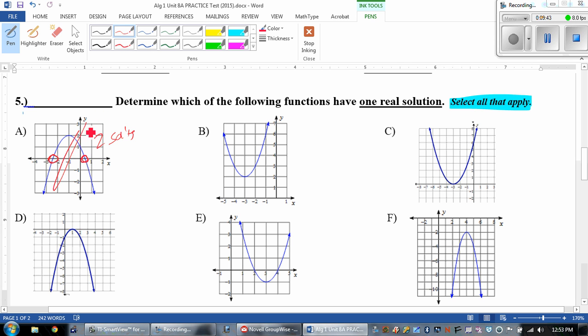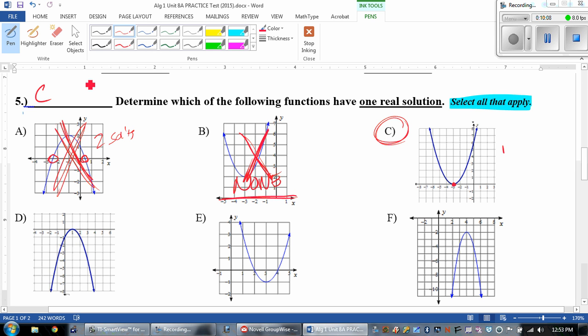I don't want that one. B, does it ever cross right here? No, so this is no solution. And C, oh, there it is. It crosses once, so woohoo!